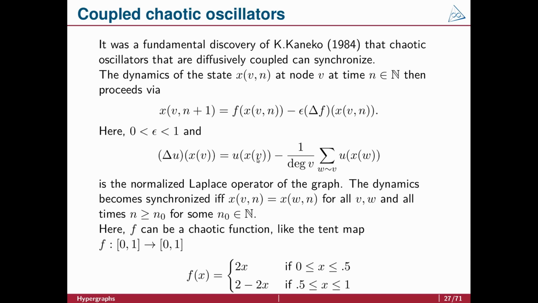But then you diffusively couple them by the Laplace operator with some parameter epsilon that is between 0 and 1. And again, here's the Laplace operator that we had before, the normalized Laplace operator. And the dynamics become synchronized if x, the state, becomes independent of the vertex v, and then for all future times.